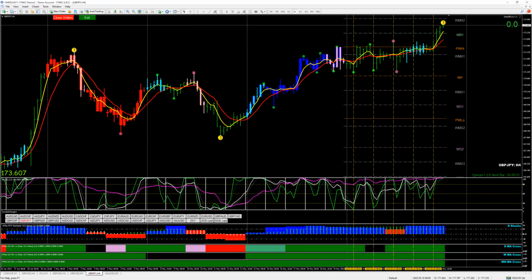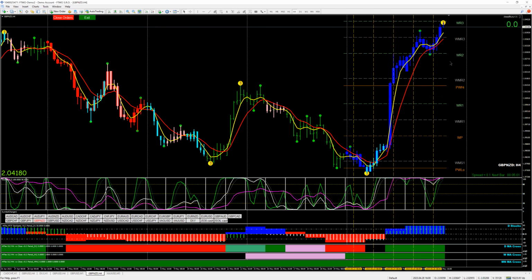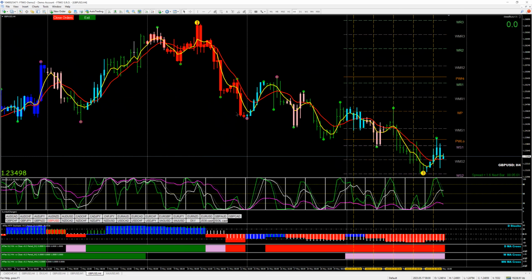Pound Yen, weekly is a long, daily becomes a long here, and there's your trade. So 2 days of good trading. Pound New Zealand, we already know, 600 pips. Pound dollar, favorite pair, short, no trade, short trade, and a short trade, and then another short trade. 3 days of shorts, and then it swung.